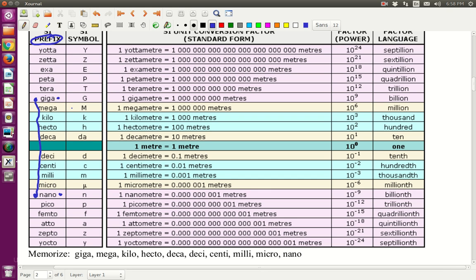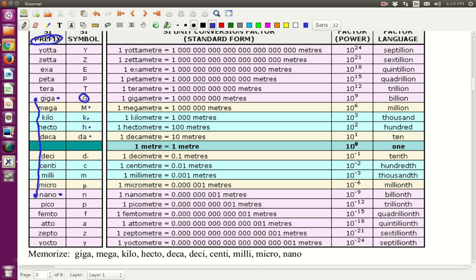Now you also need to know the symbol. Giga is a big capital G. Mega is a big M. And then kilo is a small k. Hecto, which means 100, is an h. Deca is a d-a. Deca means 10.